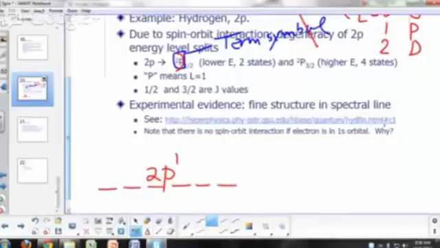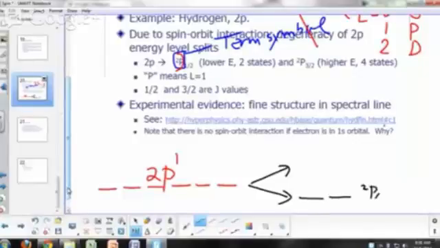Well, that is going to split into 2 levels. The lower level will have 2 states. This is called the doublet P 1/2, and it turns out that the higher level in this case would be your doublet P 3/2, 4 quantum states. So there's still going to be 6 states, but 2 of those states would actually be lower in energy than the other 4.